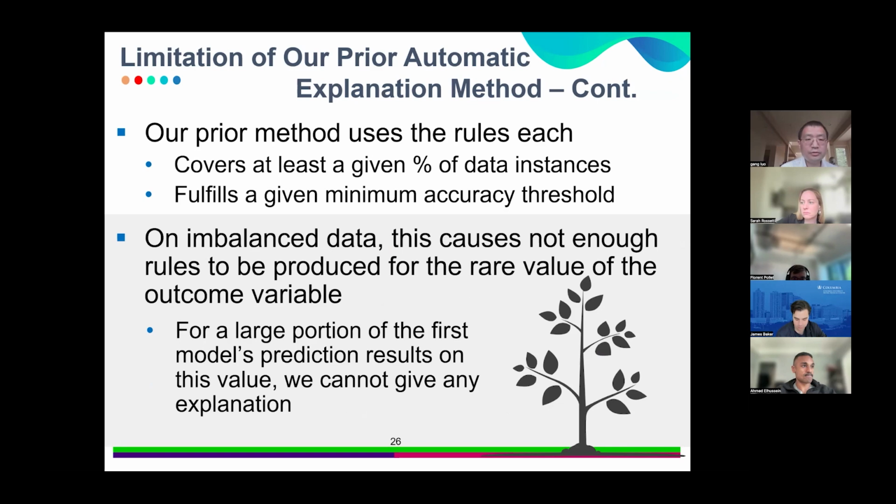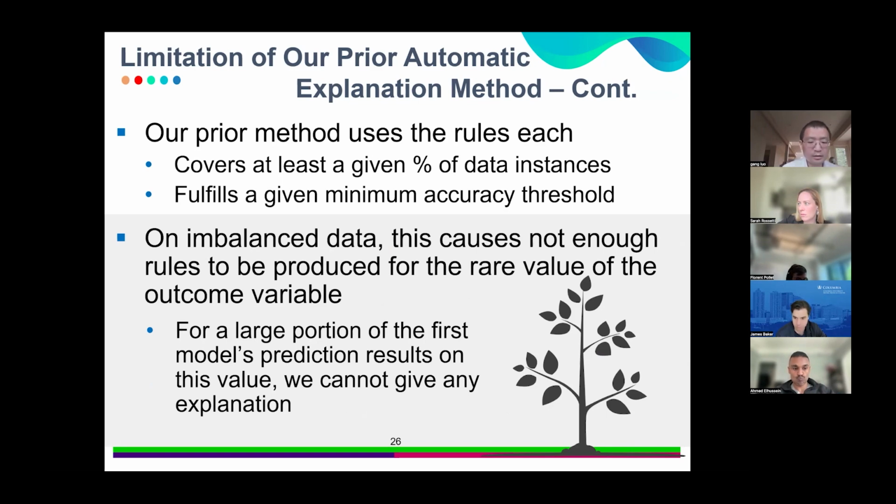So for association rules, our previous method used the standard method. Each association rule covers at least a given percentage of data instances and also fulfills a given minimal accuracy threshold. But if we have imbalanced data, this traditional approach will cause an insufficient number of association rules to be produced for the rare value of the outcome variable, which means the yes value, that the patient will have bad outcome next year.